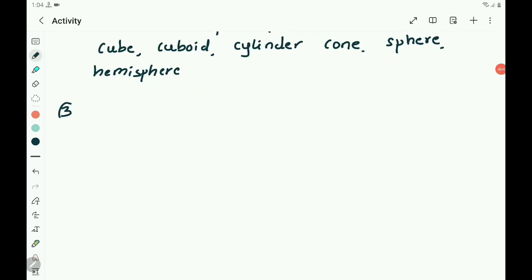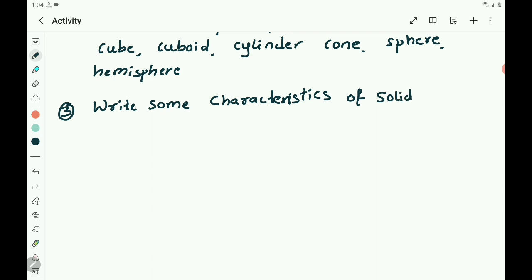Next you write some characteristics of solids. So first one you write, solids are three-dimensional figures.